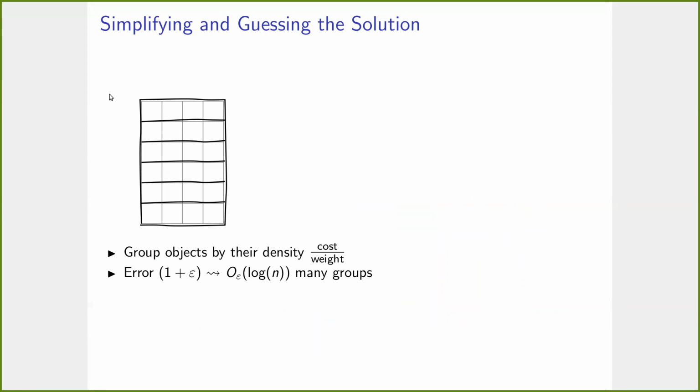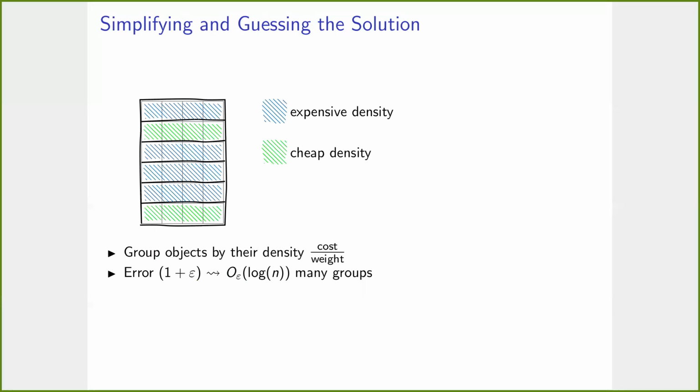And we will first group the rectangles by the density, which is the cost divided by weight. So this essentially tells us how expensive the rectangle is. A rectangle is better if it has a lower cost. On the other hand, it's also better if it has a higher weight. So this ratio gives us kind of the utility of each rectangle.